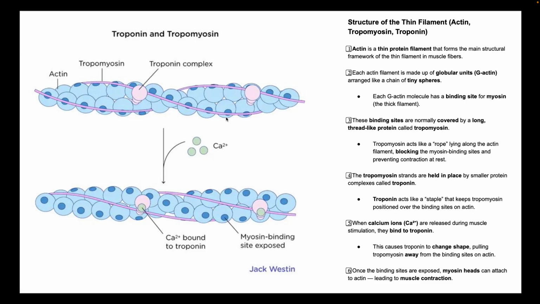Once the binding sites are exposed, the myosin can attach to the binding sites on the actin. So for contraction to occur, myosin needs to bind to the actin. That's how contraction occurs in our muscles. We will come back to that later.